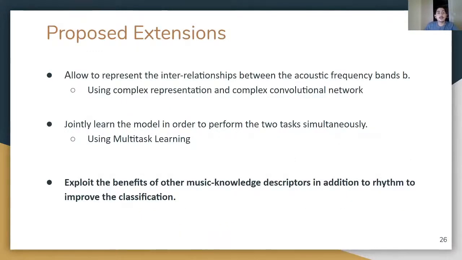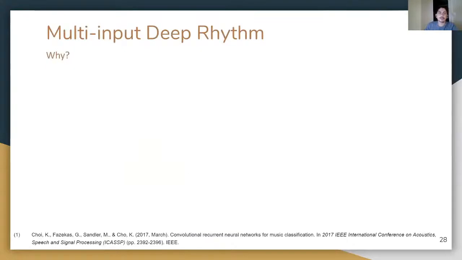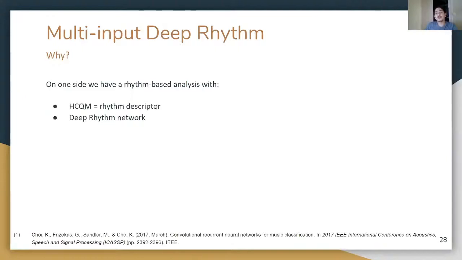Finally, we would like to add more information in the training than only the rhythm-based descriptor. For this, we propose to add another branch to the deep rhythm network. So with the original deep rhythm method, we perform a rhythm-based analysis using the HCQM rhythm representation as input to the deep rhythm network dedicated to the rhythm content analysis.